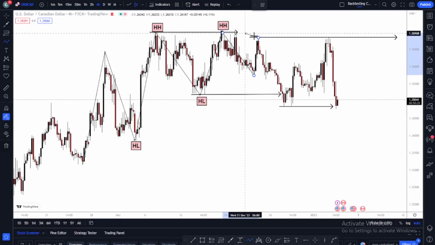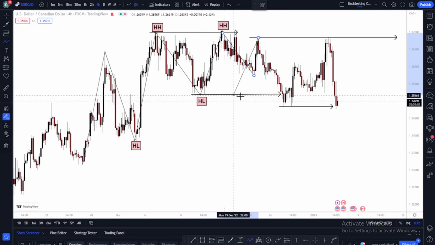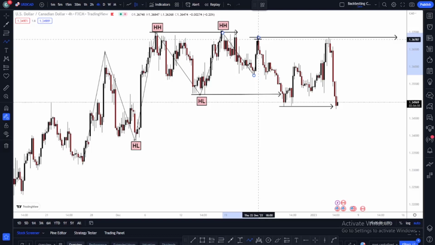Not only that, this lower high broke below a higher low and created a lower low. That's why this is a confirmed lower high.